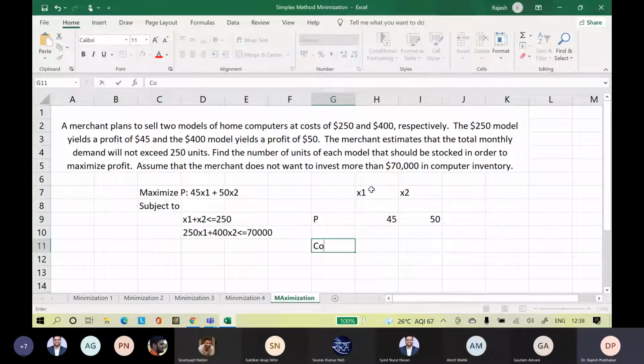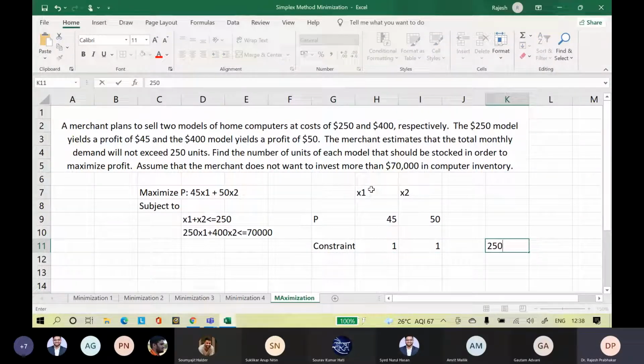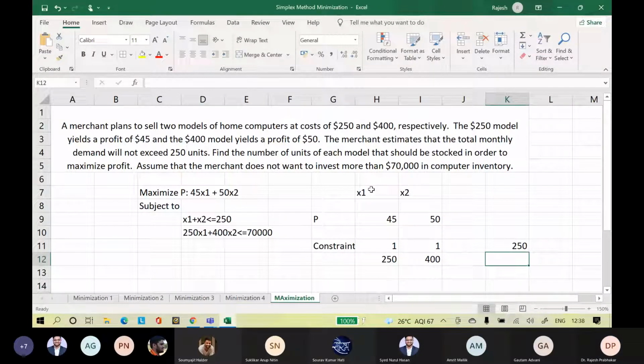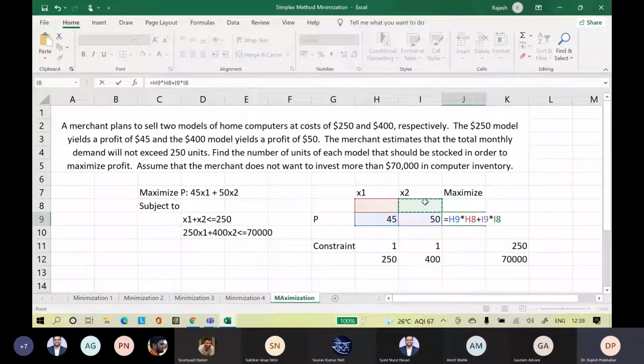Subject to constraints: 1, 250 is allocated, then 250 and 400, 70,000, right? So this is maximized. So this into this plus this into this, maximize profit.